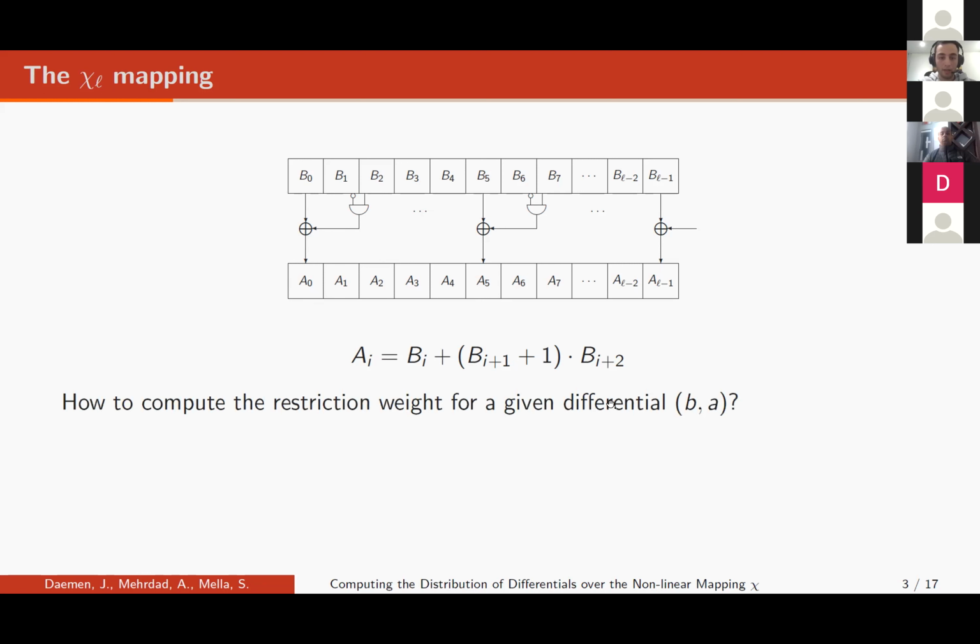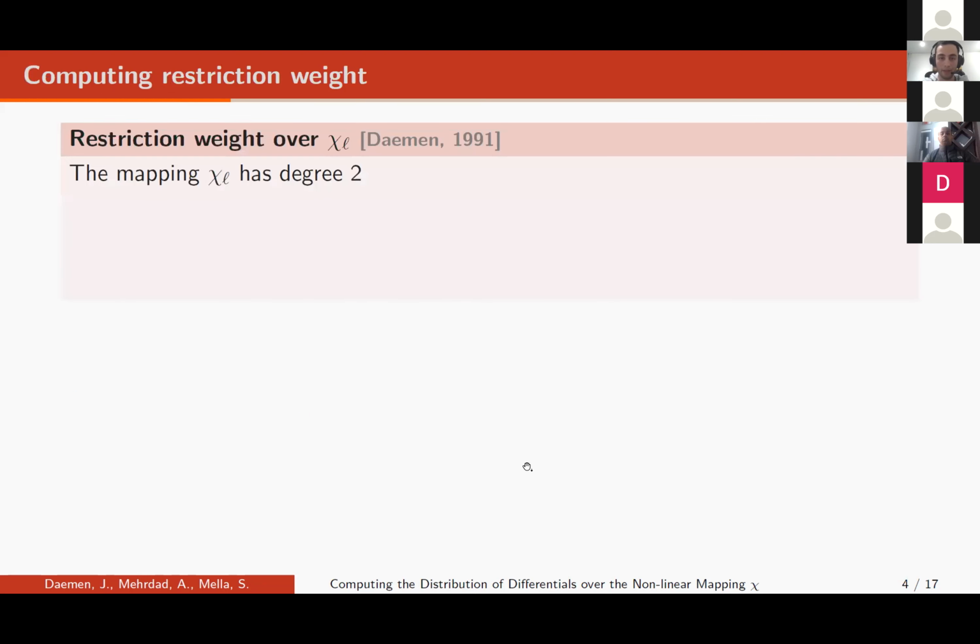And the question is how to compute the restriction weight for a given differential. If you have a difference at the input of chi_L and a difference at the output of chi_L, what is the restriction weight of this differential?